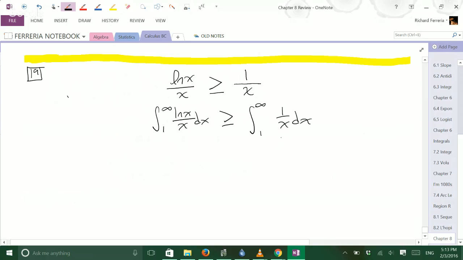Honestly, at this point, we've done this integral before, haven't we? We know that this diverges. So look at the result we get. We're saying the natural log of x over x dx should integrate to something that's bigger than infinity.